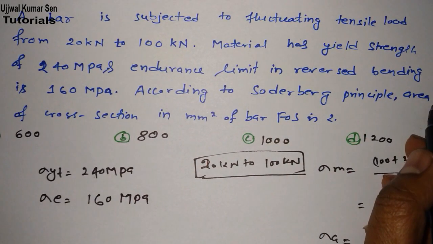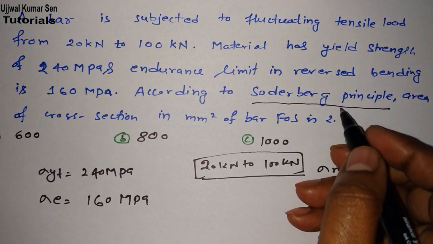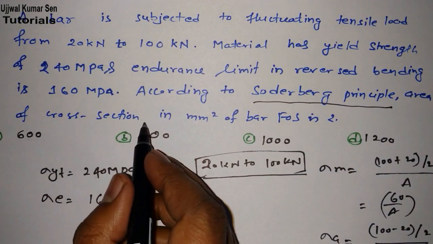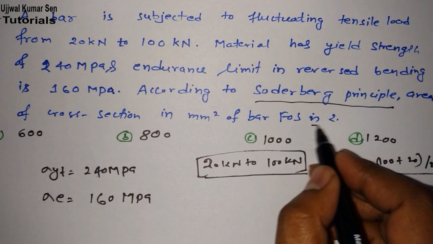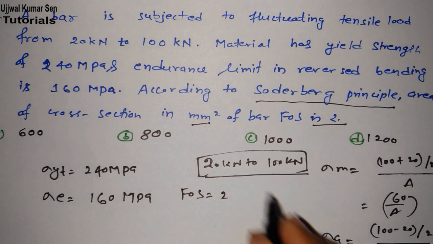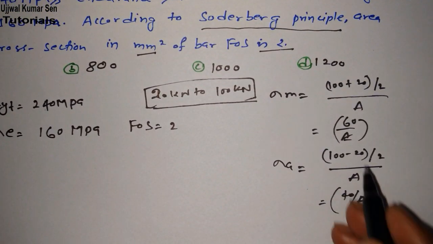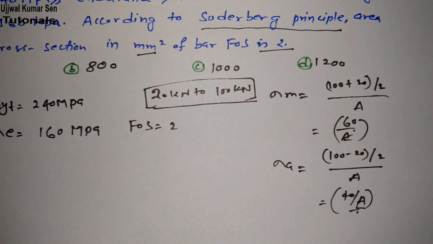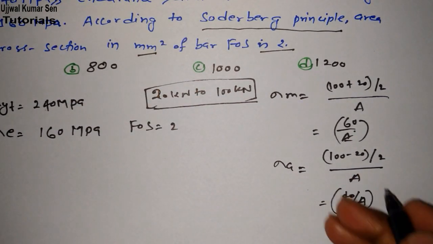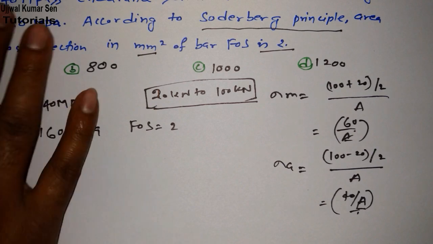According to the Soderberg principle, as I have shared with you already, they have asked the question from this principle: find the area of the cross section in mm square of the bar if FOS is equal to 2. So we have to find out this area, which is the same for both cases, by using the equation I have already shared with you.